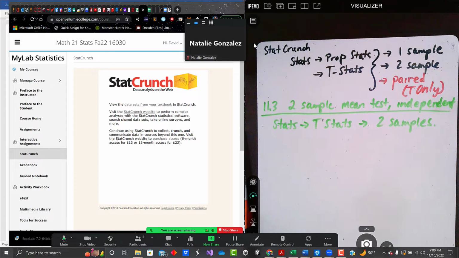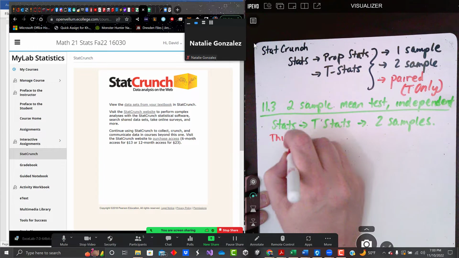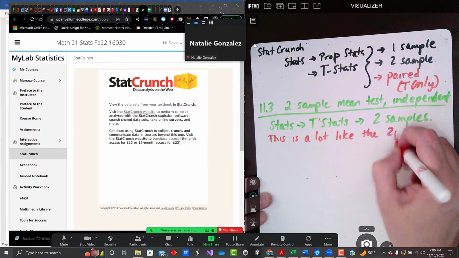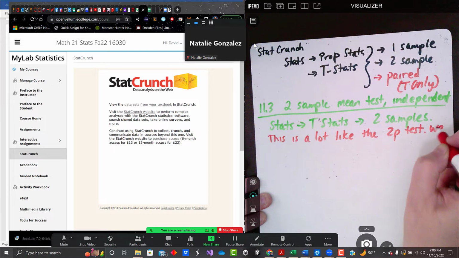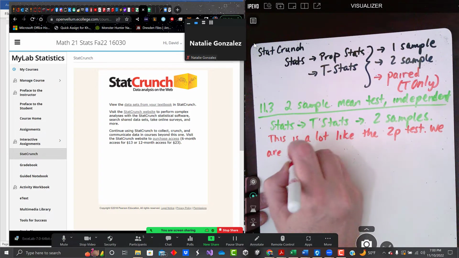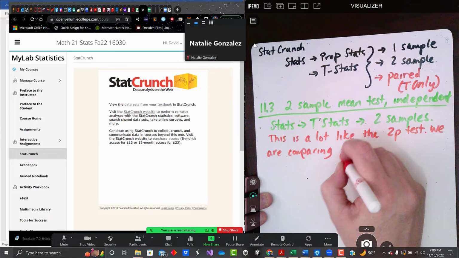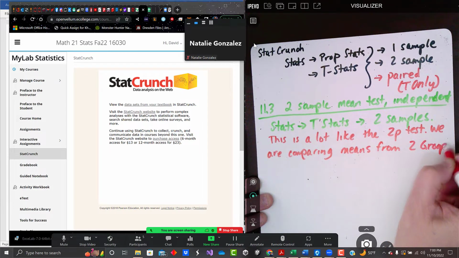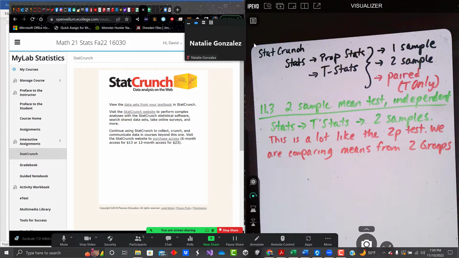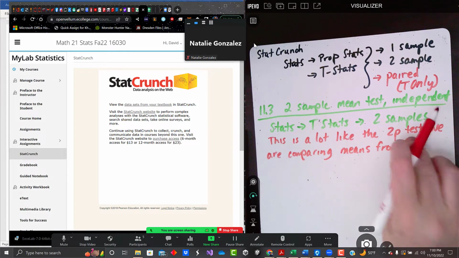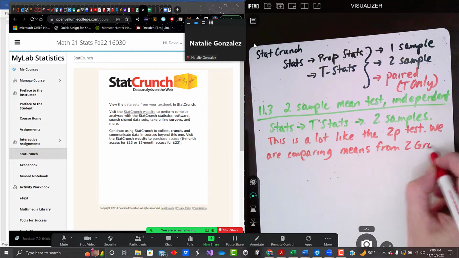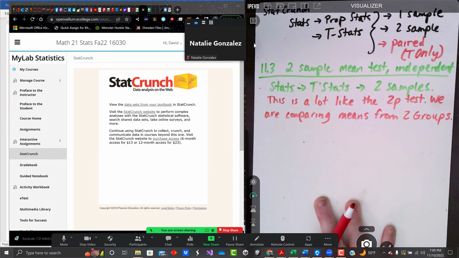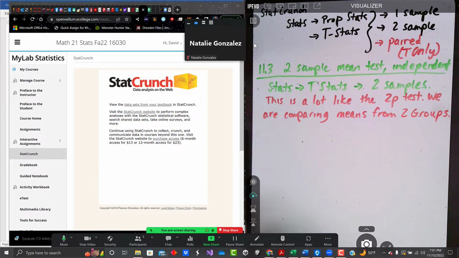This is a lot like the two proportion test. We are comparing the means from two groups, or samples. I've told you we've had requirements for everything. What are the requirements here?